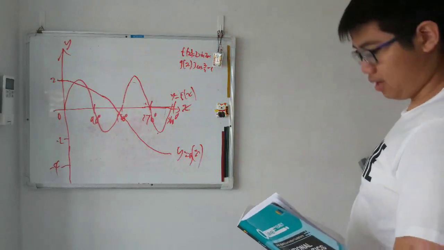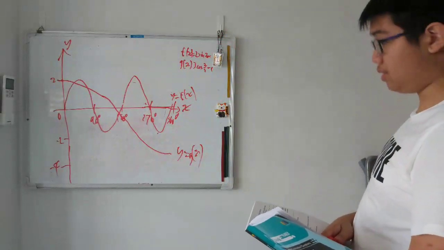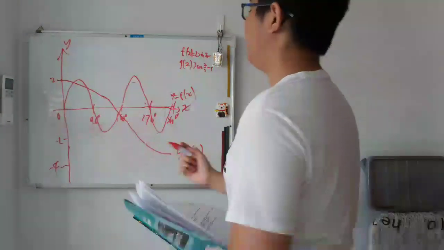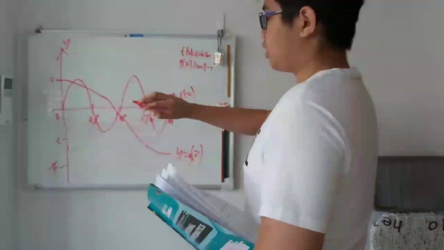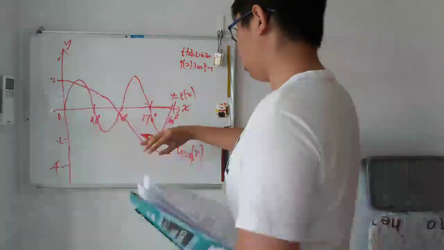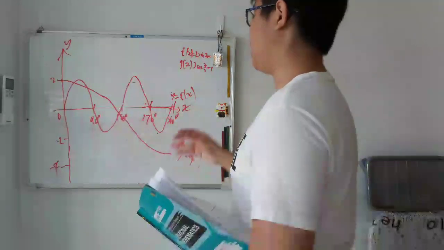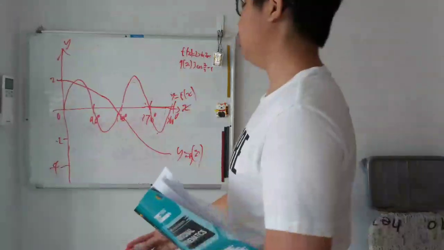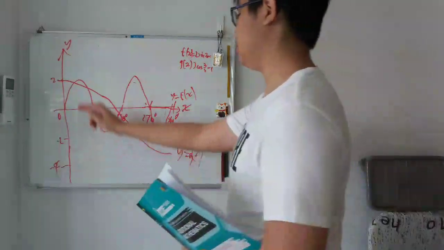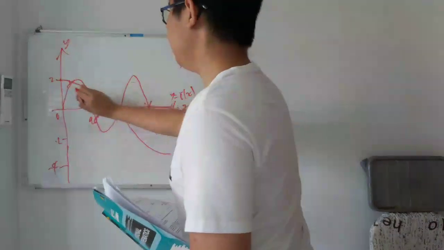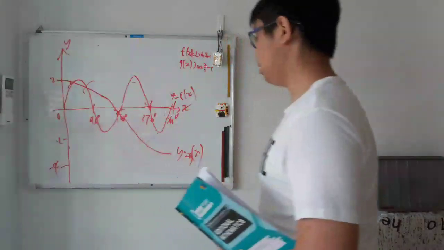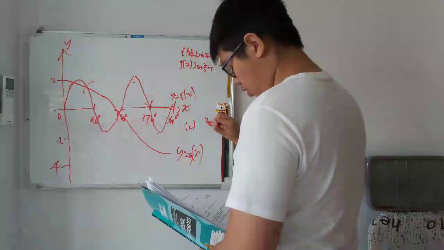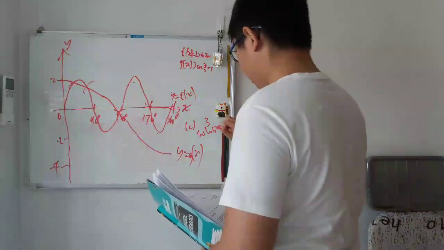The equation given in this question is literally just plus 1 to all of these, which means the value of all these functions just goes up by 1, but that does not change the number of solutions. So we just need to see how many times the curves intersect. 1, 2, 3. So the final answer for part C is that there are 3 solutions.